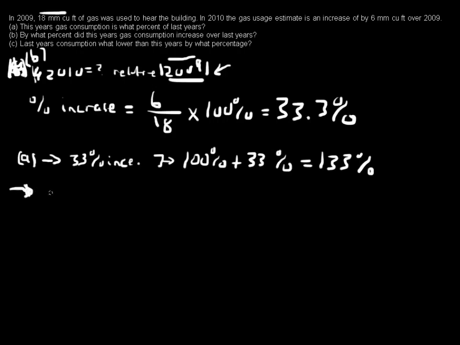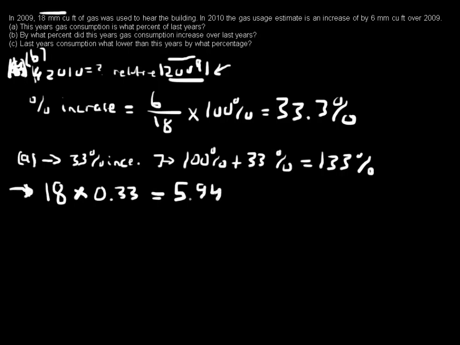And if you want a full series of steps on how to find this, let's look at the question. We know that last year we used 18, and we increased by 33%. So you take 18 times 0.33. What do you get? You get 5.94.